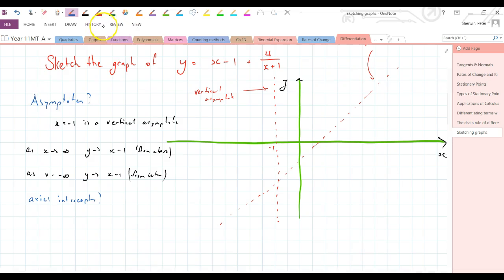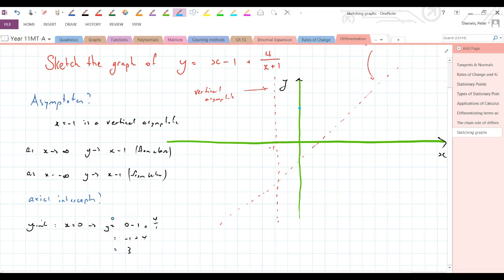Well, the y-intercept is at x equals 0, and then when x equals 0, y is equal to 0 minus 1 plus 4 over 1, so minus 1 plus 4, which is equal to 3. So we're going through 3 on the y-axis, so we're going to go through here somewhere. That is when x is equal to 0.